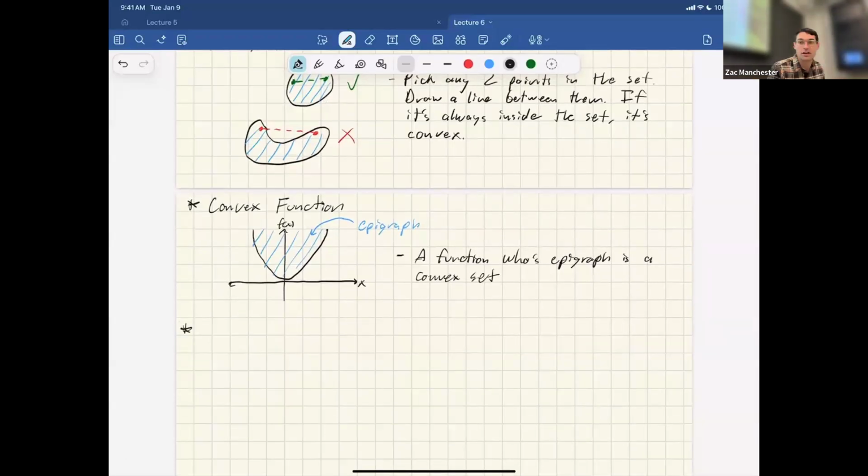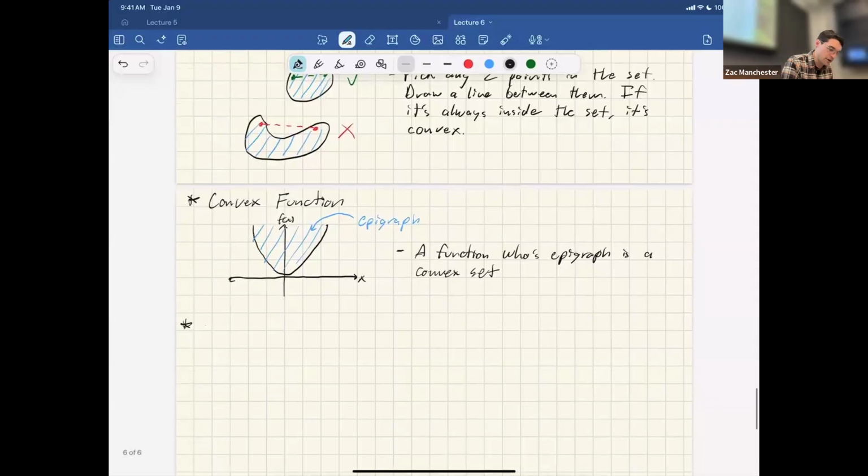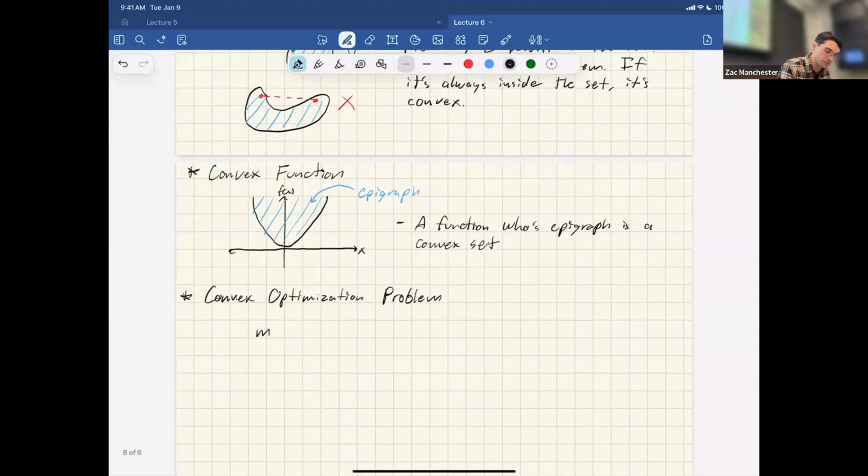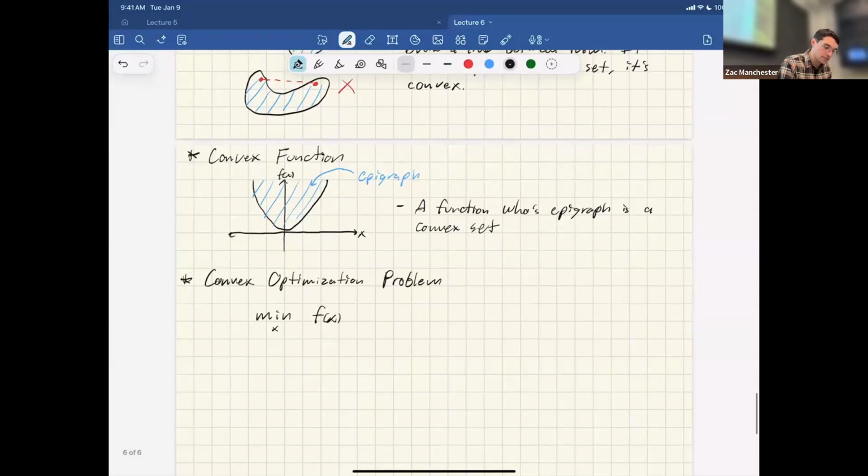And then from there, we can define a convex optimization problem. Okay, so a convex optimization problem looks like so. We're minimizing a convex function f of x subject to convex constraints. We'll write that as c of x less than or equal to 0. You can write it a bunch of ways.